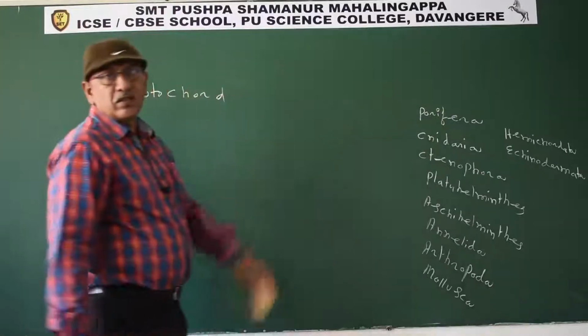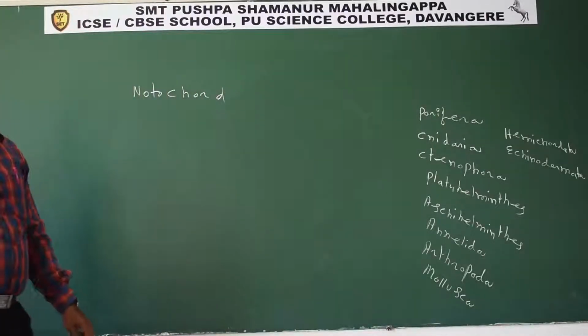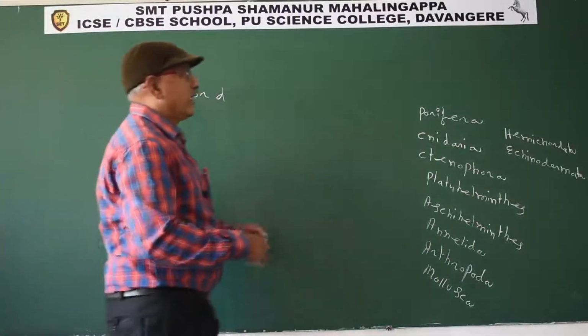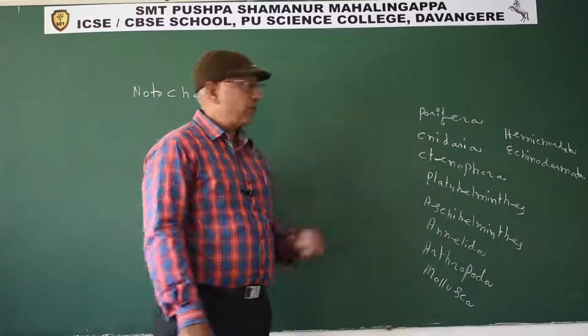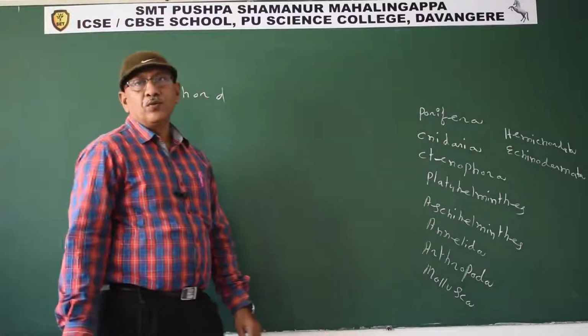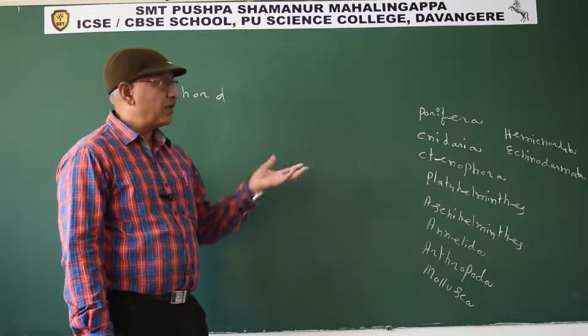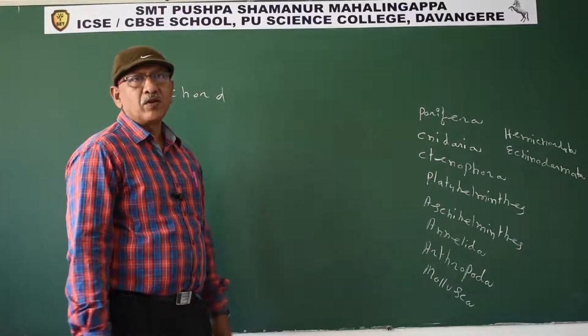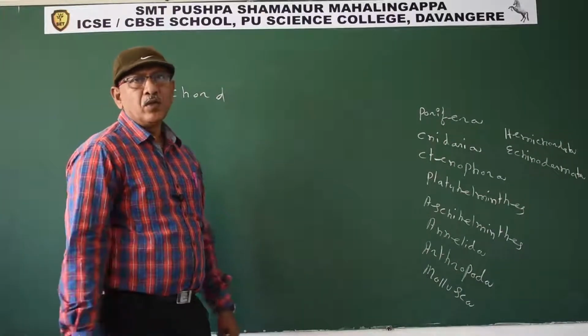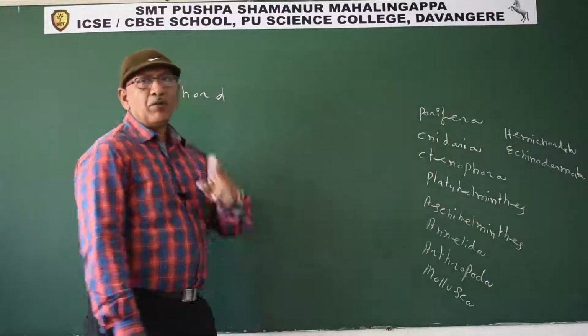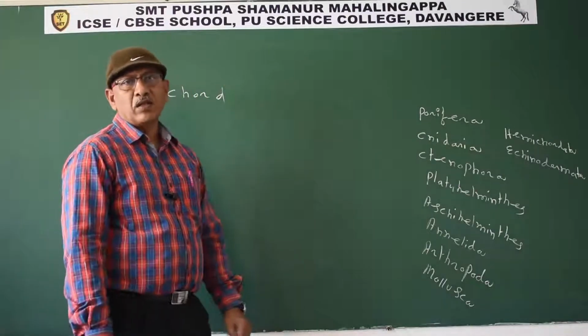Now we discuss Porifera, phylum Porifera. General characters and classification. Regarding PU, they may ask, describe the general characters of any phylum. Compulsory question for 5 marks PU. Regarding NEET, minimum 2 questions, means 10 marks.